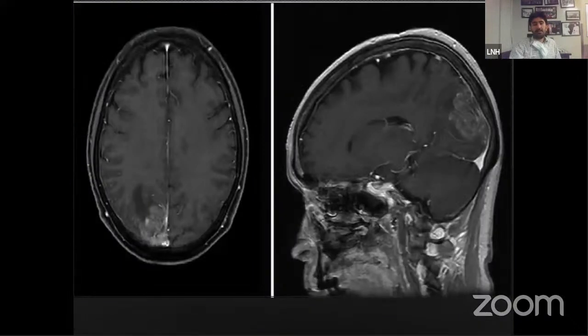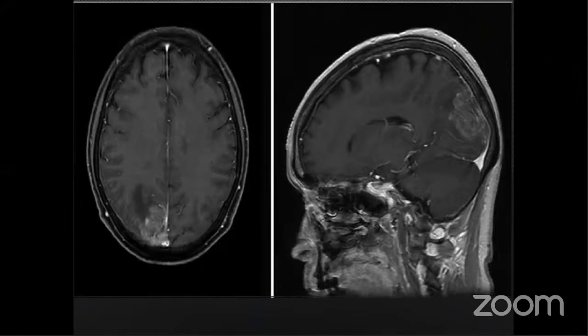And this is another MRI brain with the axial and sagittal view. And can someone tell where this lesion is located? So, guys, where is this lesion?